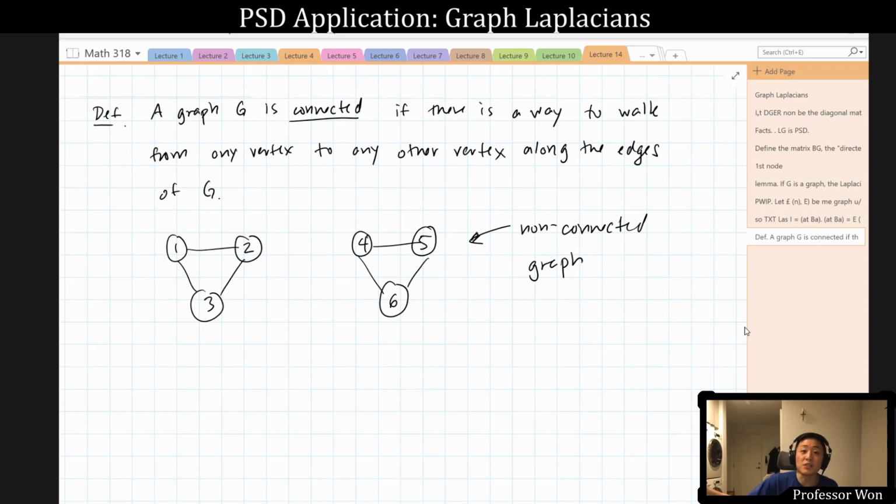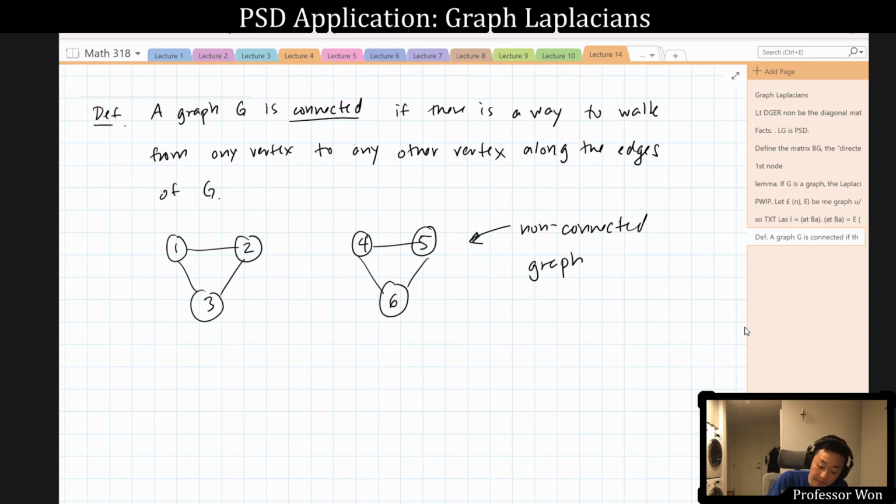Imagine a humongous graph, like the graph of Facebook users, with 100 million nodes and all kinds of edges between all kinds of people. How do you tell whether or not you can actually get from one person to any other person? If you just drew the graph, you wouldn't be able to look and tell. But you can use linear algebra to tell, because it all depends on the second eigenvalue of the graph Laplacian.